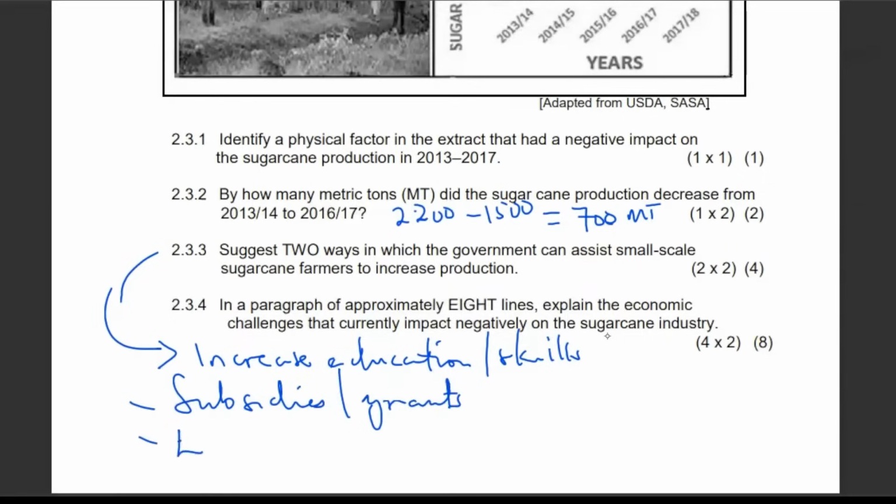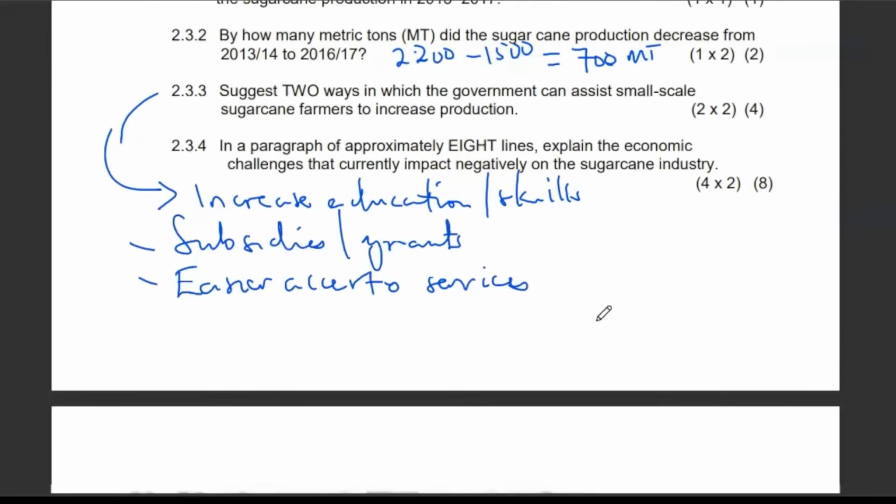And also easy access to services. If those farmers have got easy access to services or facilities, they can enhance their productivity or their businesses. Then we can also talk of development of infrastructure.